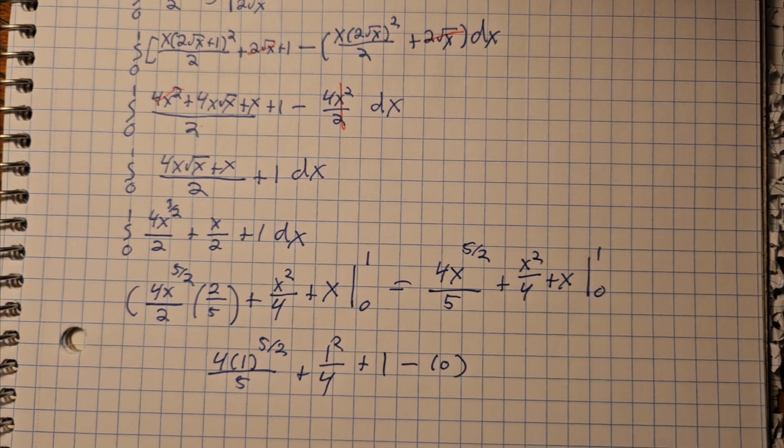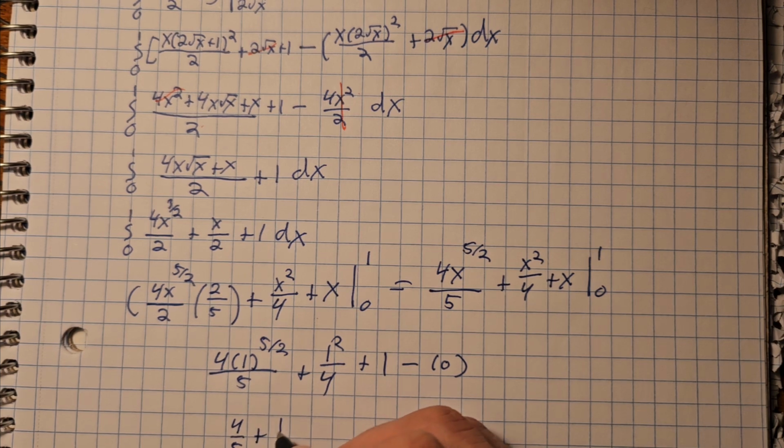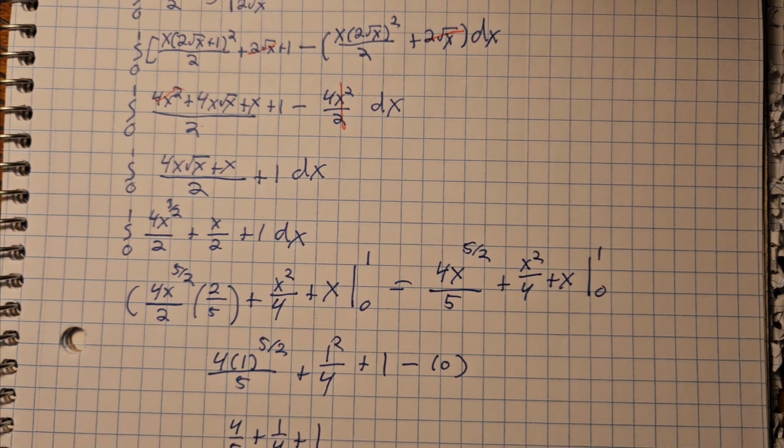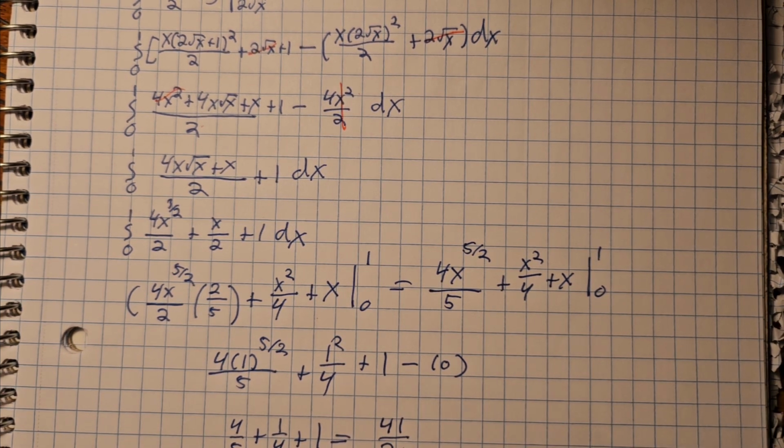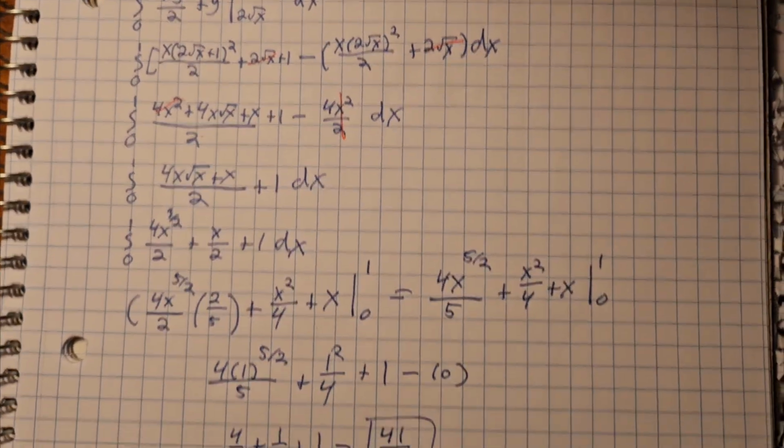So minus 0. So doing it out, it would be 4/5 plus 1/4 plus 1. After some cross multiplication, you're going to get 41 over 20. And that is our answer.